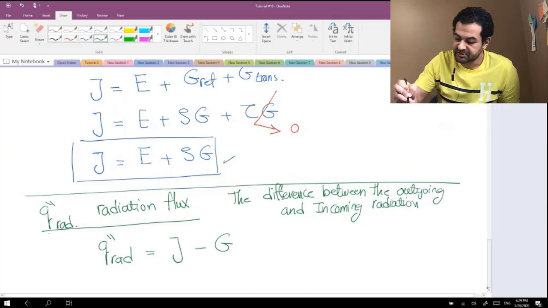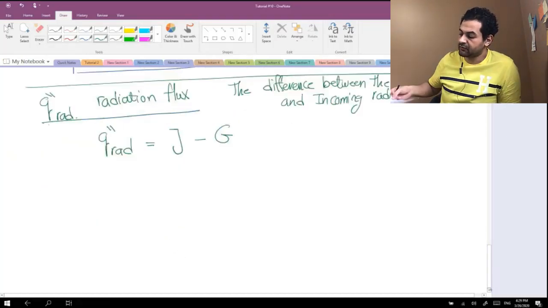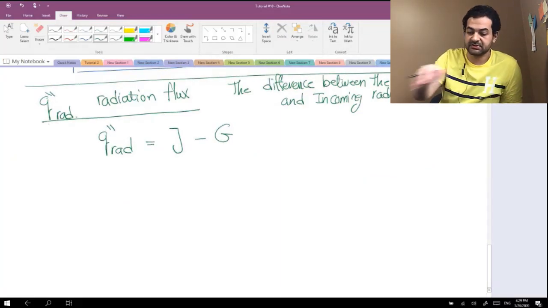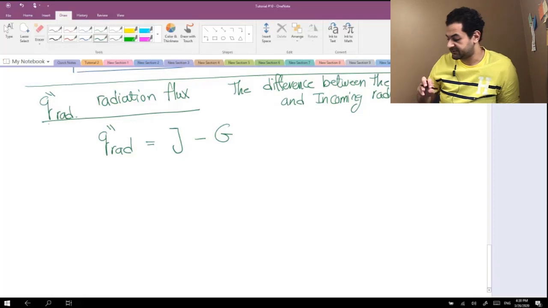J is the radiosity, as I told you, which is the outgoing radiation. G is the incoming radiation, which is irradiation or irradiance.